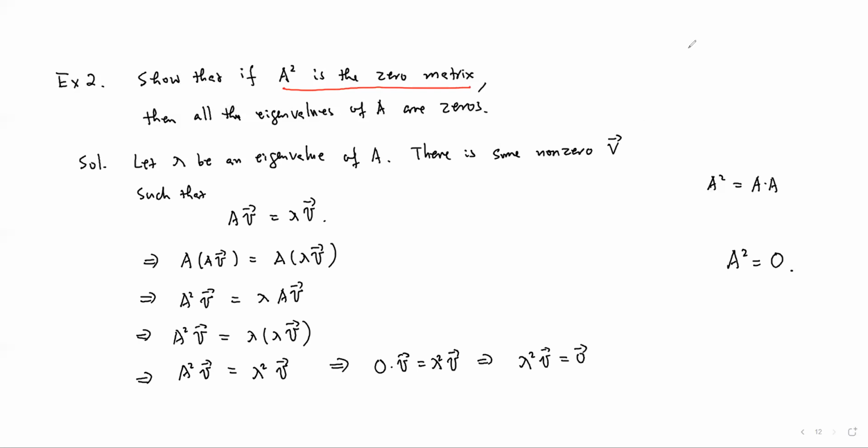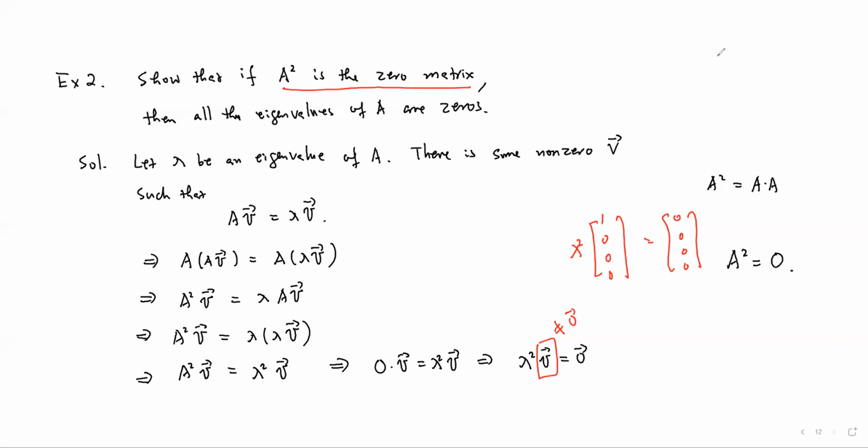It is important to remember that an eigenvector is non-zero, meaning at least one entry is non-zero, say 1, 0, 0, 0. A number times a non-zero vector being the zero vector means the number must be zero.